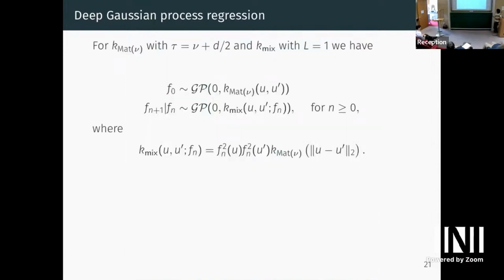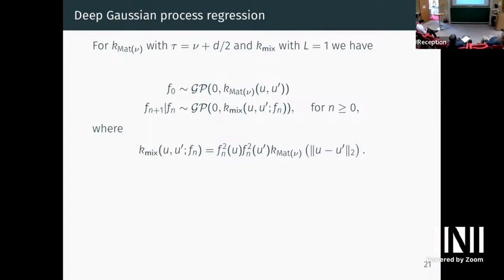For example, take the mixture kernel with the variance times the kernel. As before, we have F0 be a sample from the Gaussian process with mean 0 and some stationary variance kernel.